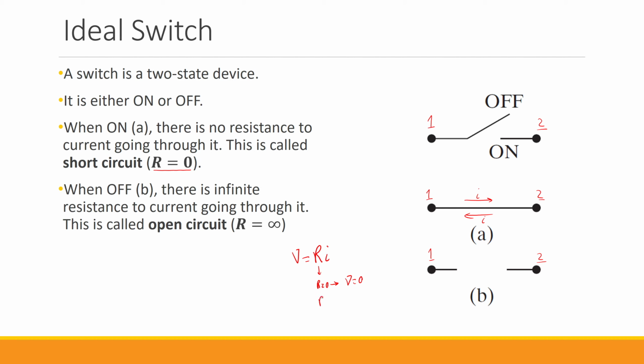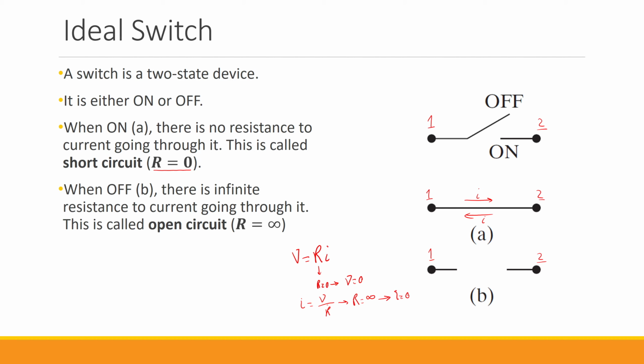On the other hand, if I use the alternative version, for I being equal to V over R, in this case, if R equals infinity, in this fraction, no matter what the value for voltage is, the current is going to be always 0.